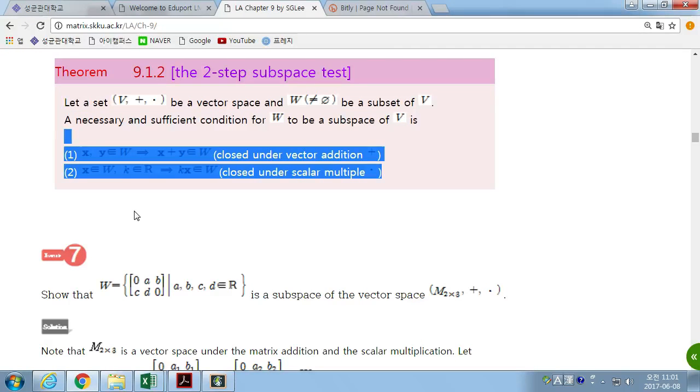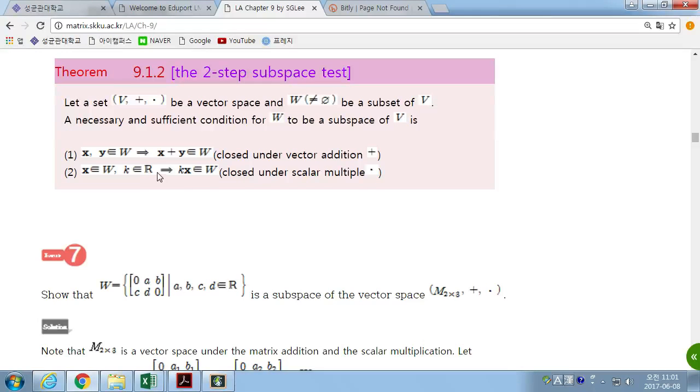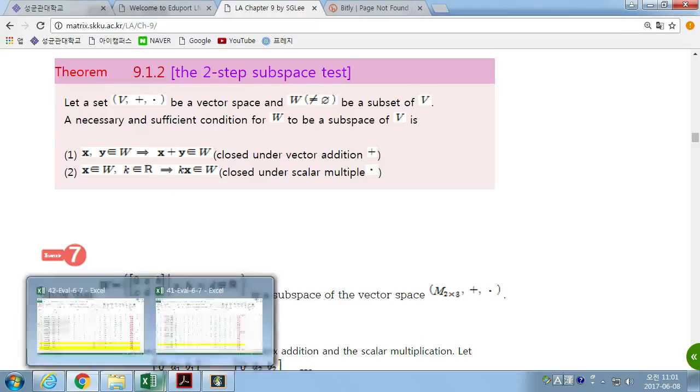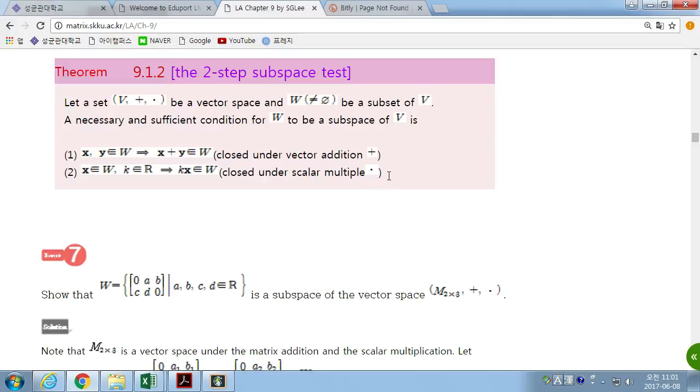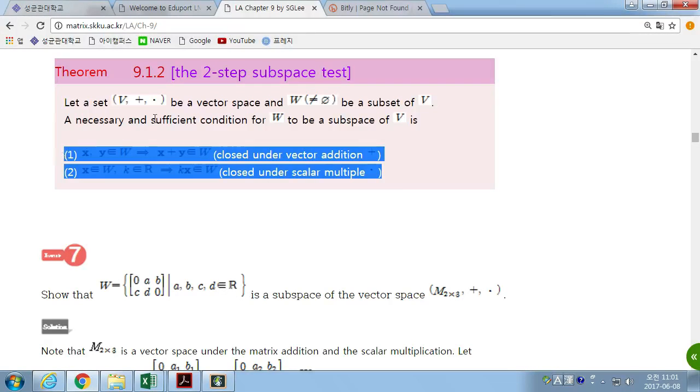W is a subspace if and only if W satisfies these two properties. One, W is closed under vector addition. Two, W is closed under scalar multiplication. If we can show these two, then we can say W is a subspace, which means W satisfies all 10 properties.